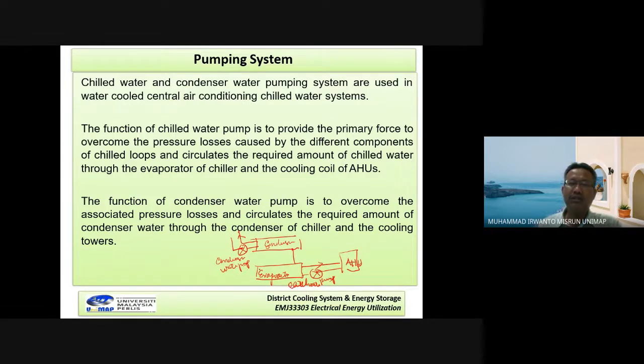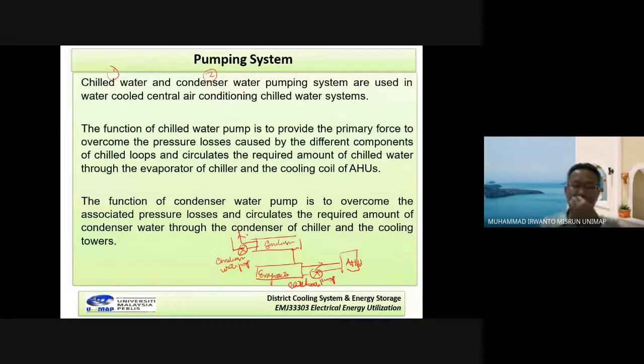So in this chiller, we have two types of water pump: the chill water pump and then the condenser water pump.